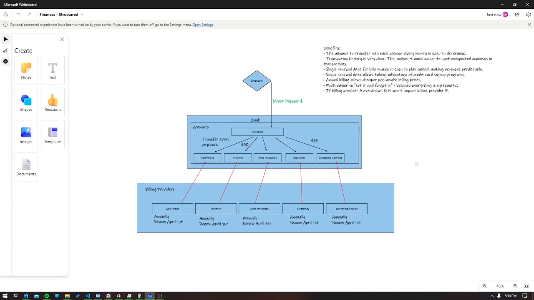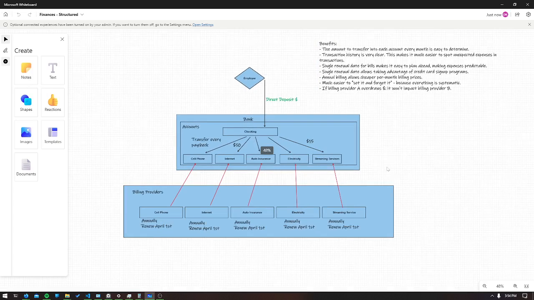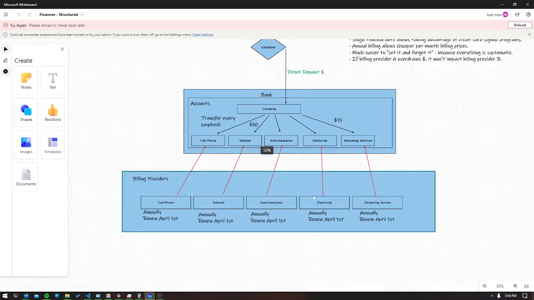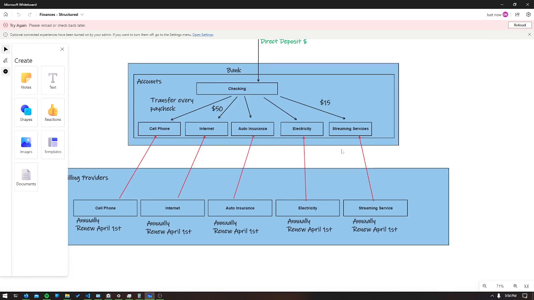And then a last benefit here is that if one of your billing providers overdraws from their account, it shouldn't impact any of the other billing providers. So for example, let's say you have $15 sitting in your streaming services account, and one of your streaming services ups the price to $20, and you forget to update this. Then they take $20 out of your account, so you have negative $5, right?